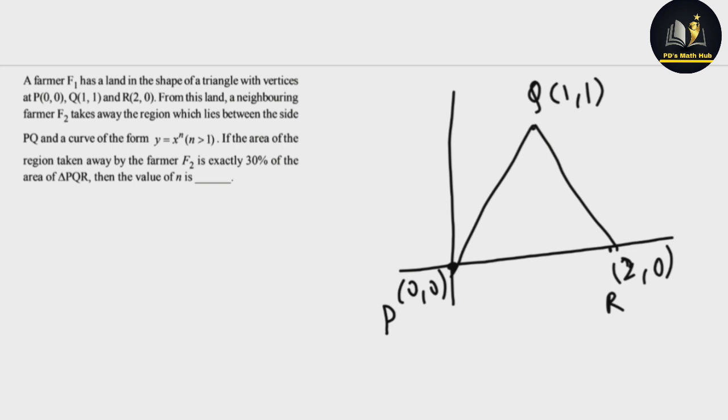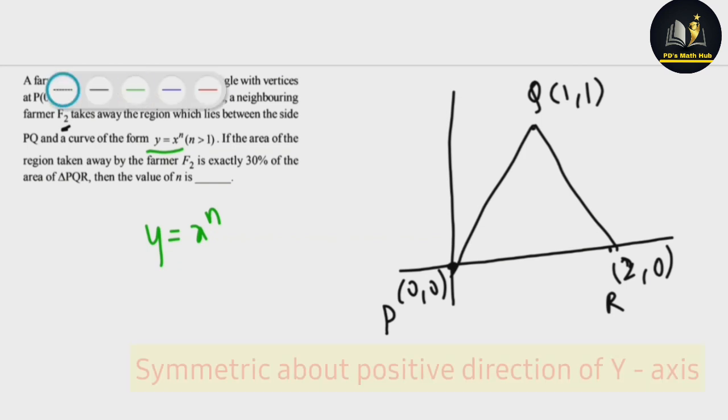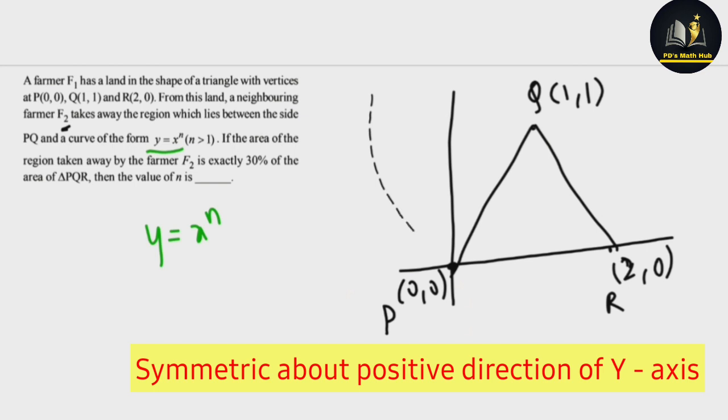From this land, a neighboring farmer F2 takes away the region which lies between the side PQ and the curve y is equal to x to the power n. So y is equal to x to the power n could be a parabola, so I can take that curve to be this one.